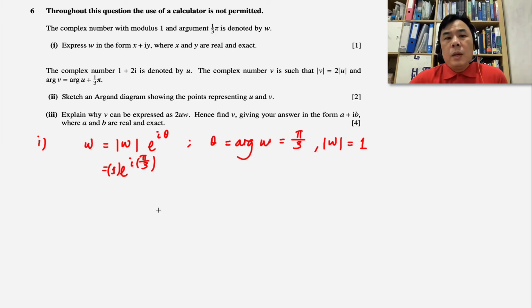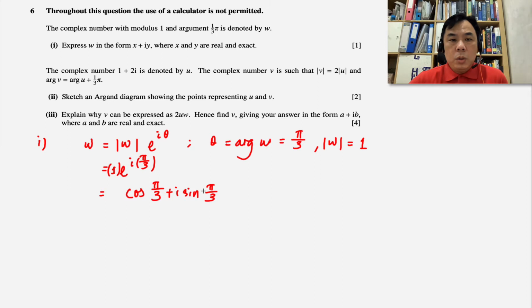And then how do we convert this Euler form back to its rectangular form? We can make use of the conversion, whereby any Euler complex form can be converted into its trigonometry form. So there's cos pi over 3 plus i sine pi over 3 here.